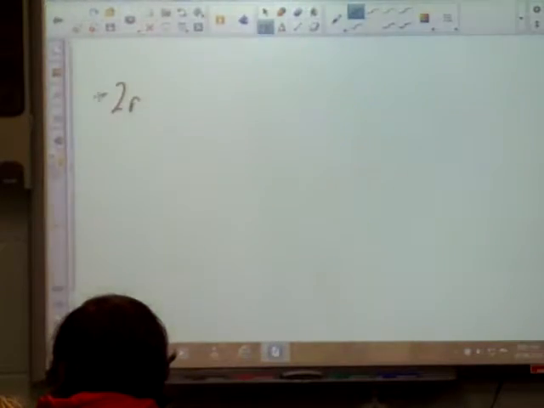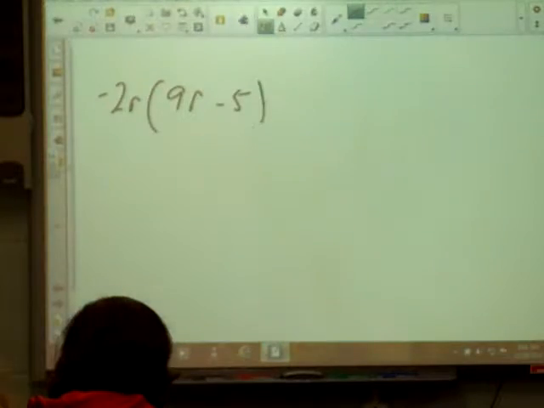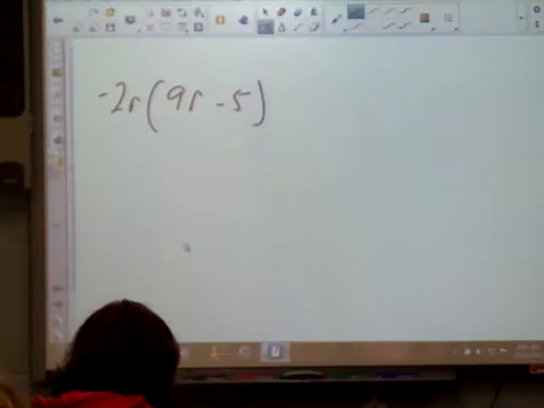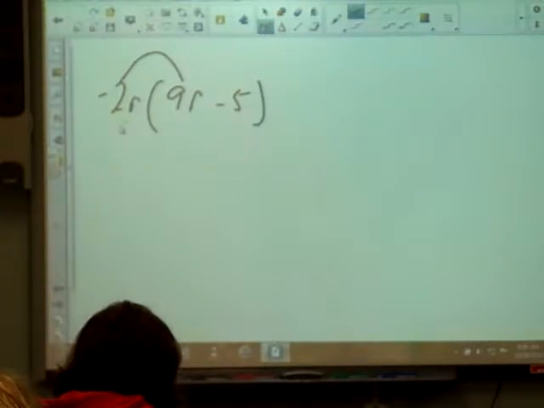negative 2r times a binomial, 9r minus 5. So when we have a monomial times a binomial, it's distributive property. So we're going to take the monomial and distribute it to both pieces of the binomial. So negative 2r times 9r, do your coefficients, negative 2 times 9 is negative 18.